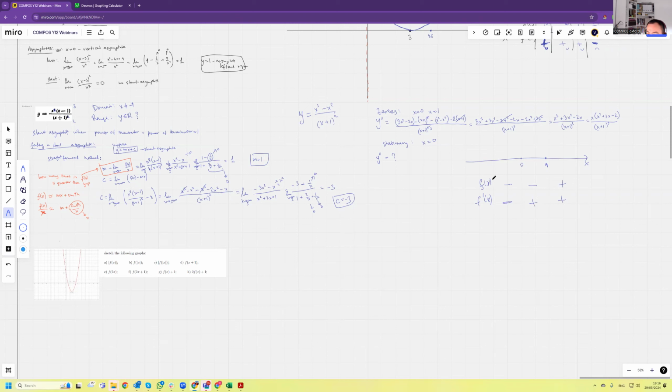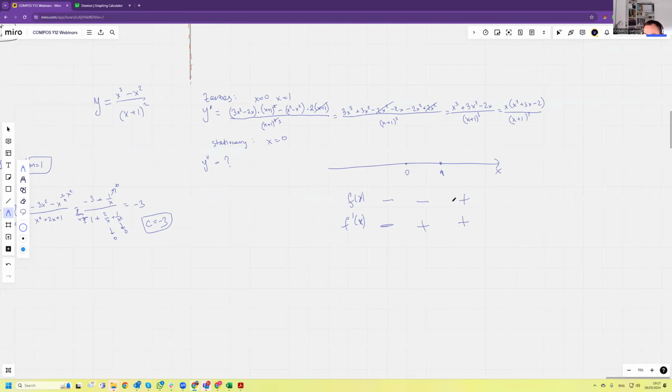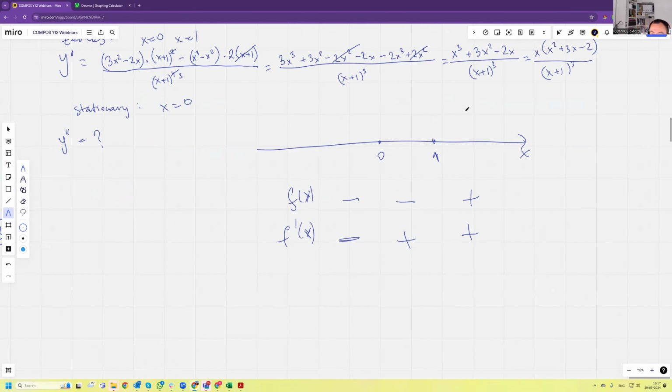Well, I think we can work with that. The function is positive and growing, so it's like this. We don't know the second derivative, we can only assume it. Here the function is negative but growing, and here the function is negative and decreasing.